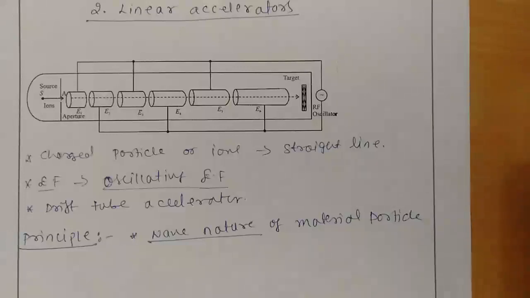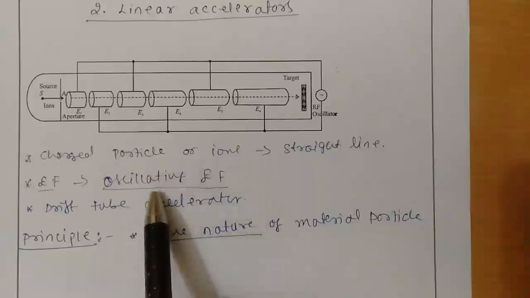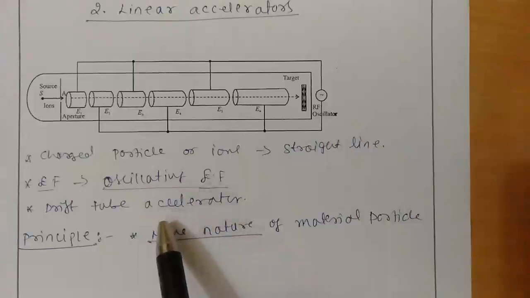Now let us see the principle once again. Whenever any charged particle is in motion, it will be associated with a wave. Any material particle in motion will be associated with wave nature. If the frequency of the applied oscillating electric field is equal to the frequency of the particles, that is, if the two frequencies are equal, then we say the condition for resonance holds.